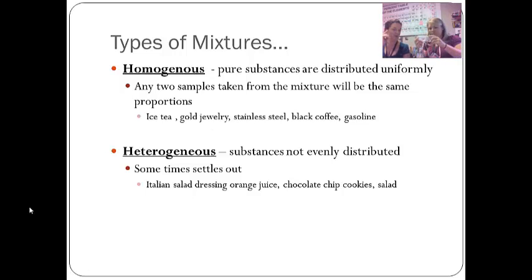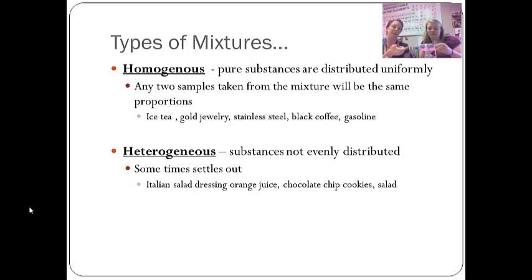homogeneous mixture. We can do that first. All right. A homogeneous mixture is going to be pure substances that are mixed. They're not chemically bonded to each other, but they appear to be one substance, but they're not bonded. Okay. The example we have is iced tea.